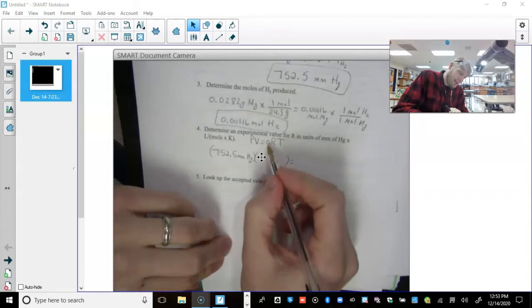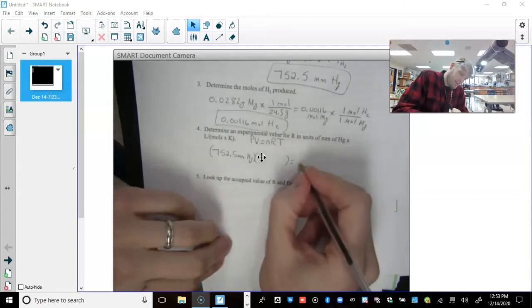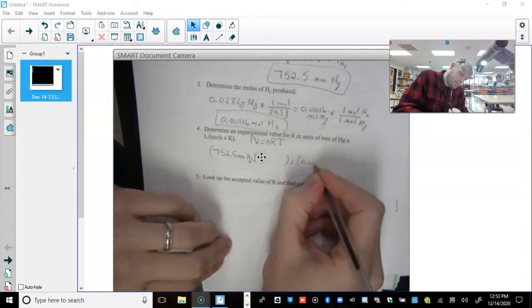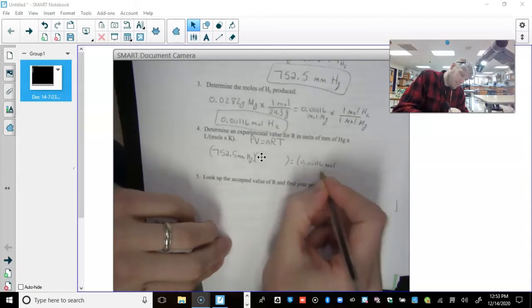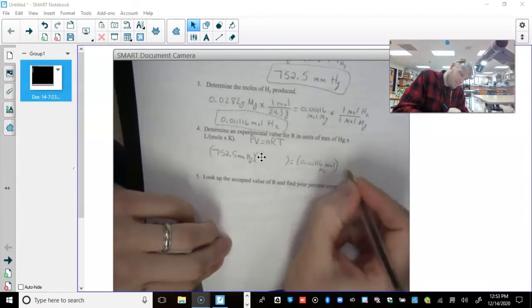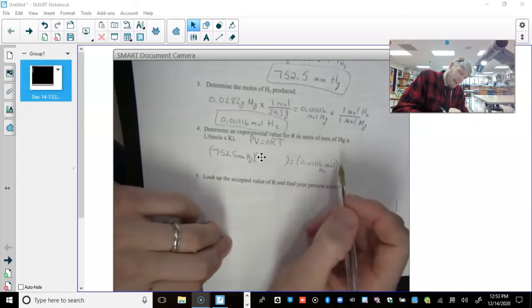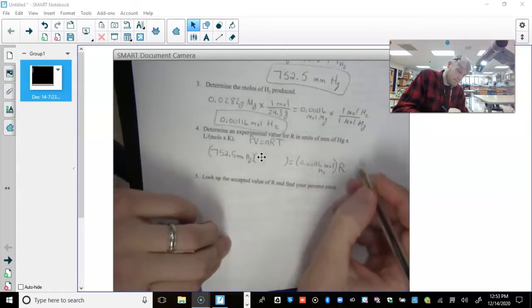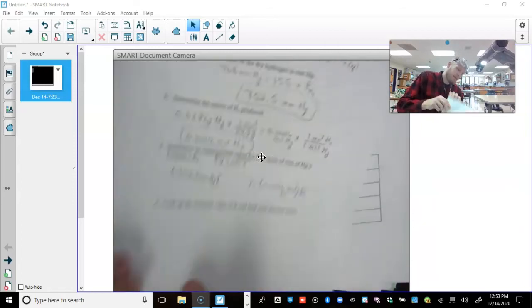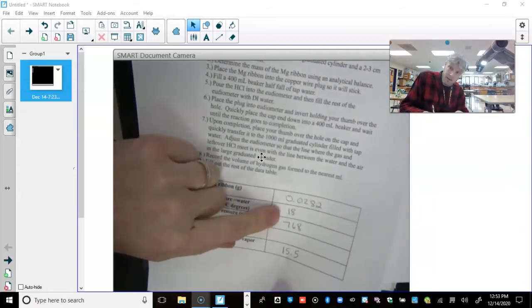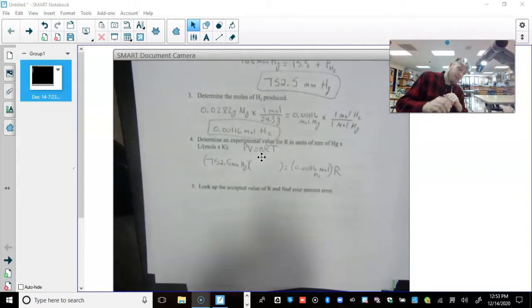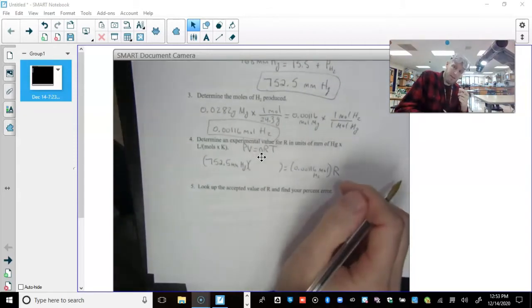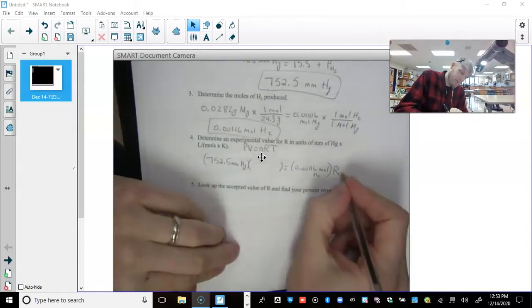My moles, n, is 0.00116. And my R, that's what I'm looking for, R. And my temperature, going back, is 18, but we've got to be in Kelvin, so we add 273. So 291.